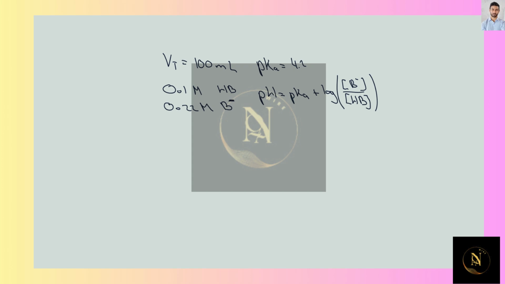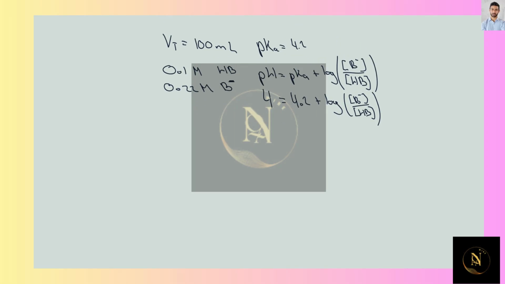We want a solution that has a pH equal to 4. So our equation becomes this. We can simplify it a little bit. We get minus 0.2 is equal to the logarithm of the concentration of B minus divided by the concentration of HB.